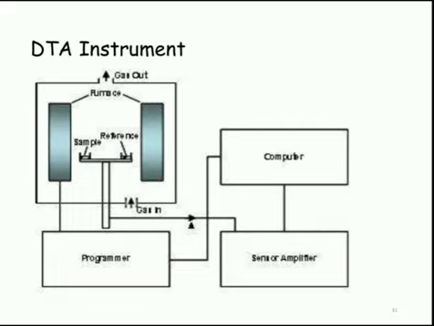These are sent to the amplifier, and then it is recorded. In the recorder, the signals from the thermocouple are amplified by about 1000 times, and the difference signal is recorded on the y-axis of a millivolt recorder. The temperature of the furnace is measured by a separate thermocouple and is recorded on the x-axis.